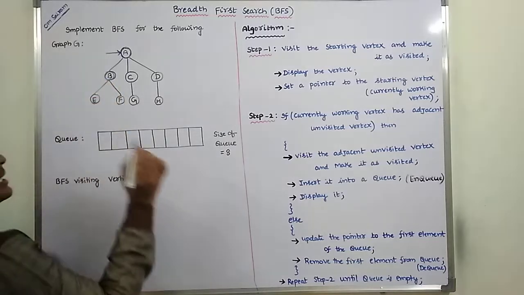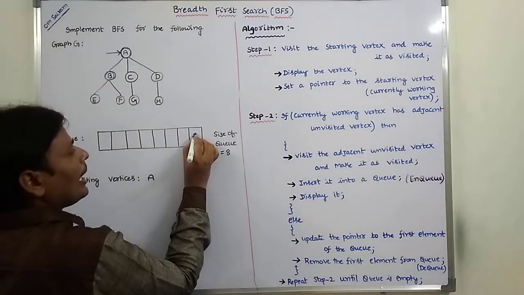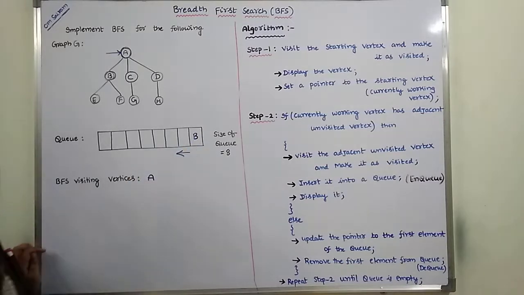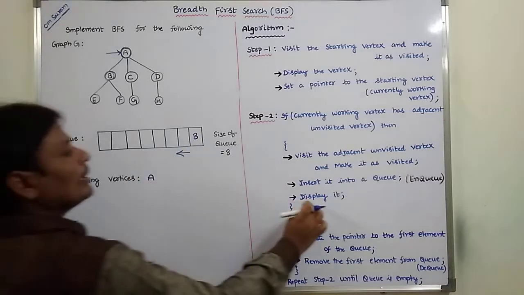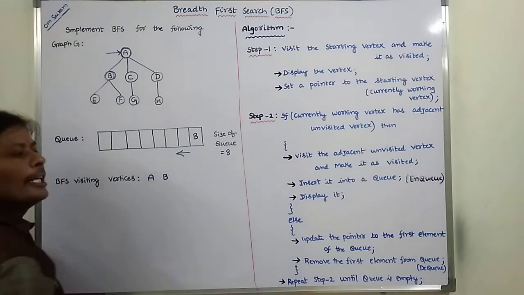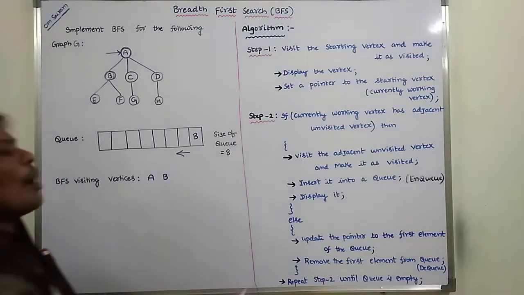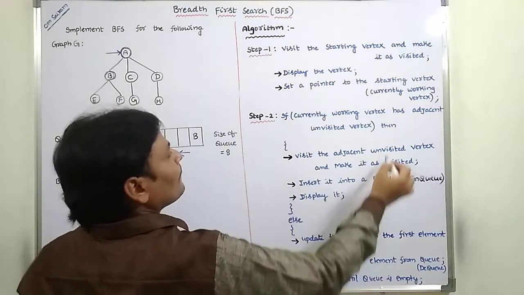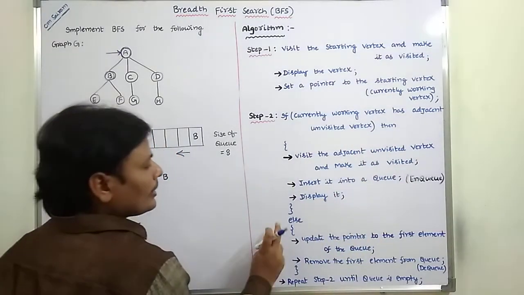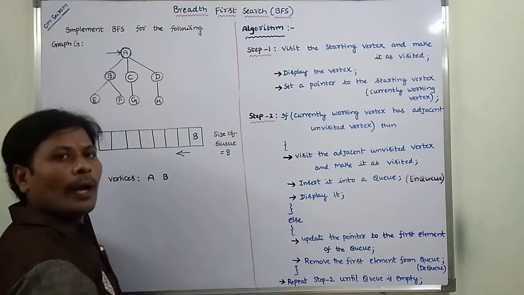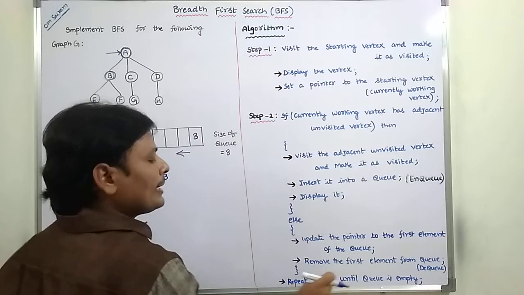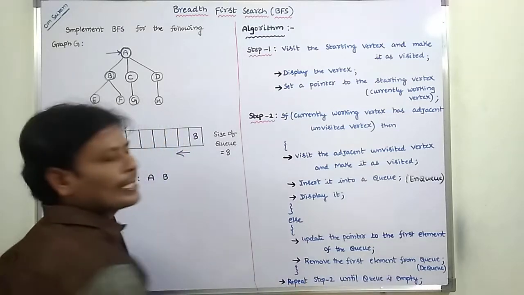So this vertex is inserted into the queue. Next, display it. Now vertex B is visited. Since the statements in the if block are executed, there is no need to go to the else block. After that, repeat step 2 until Q is empty.